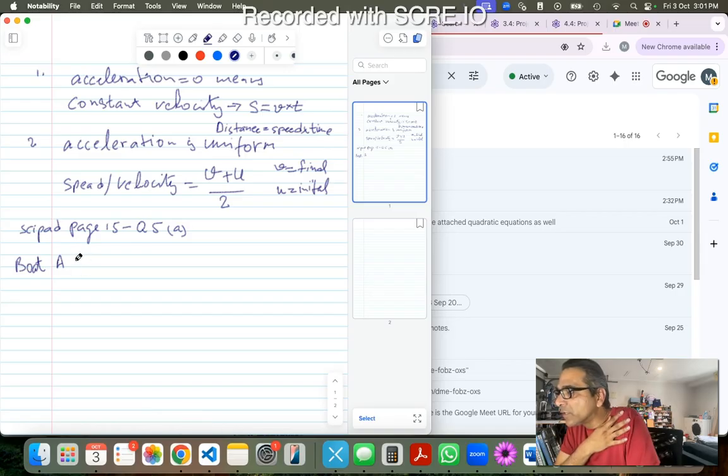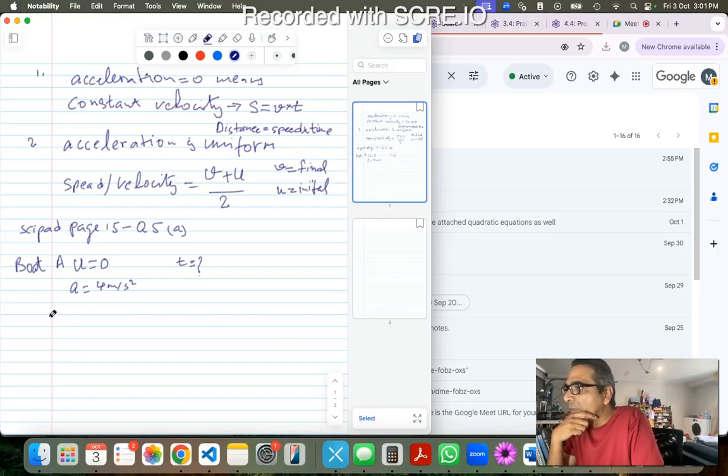Initial velocity u is 0 and acceleration is 4 meter per second square. What we are going to find is the t. And also it is said that the race track is 800 meter, right?